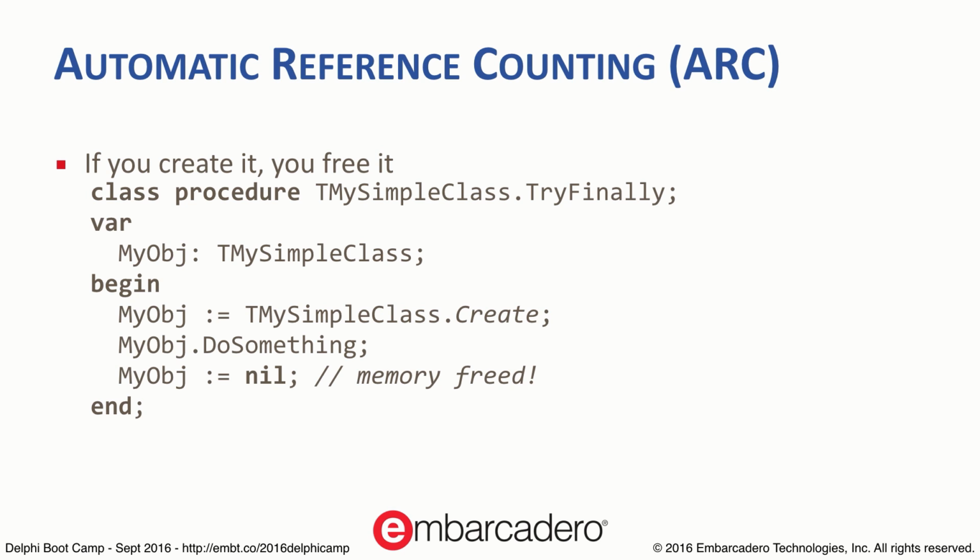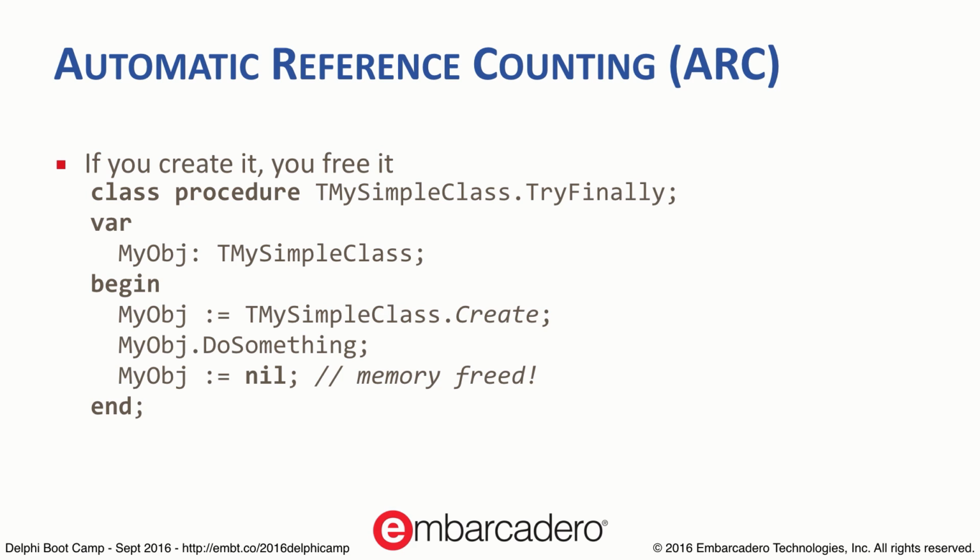It's freed automatically by the ARC memory manager. If you want to explicitly free it, you can assign the reference to nil. What that does is decrement the reference counter and say there's no longer a reference to it, because in this case that was the only reference. It's freed right there, so you can free it immediately. This is really important to understand because ARC is deterministic.